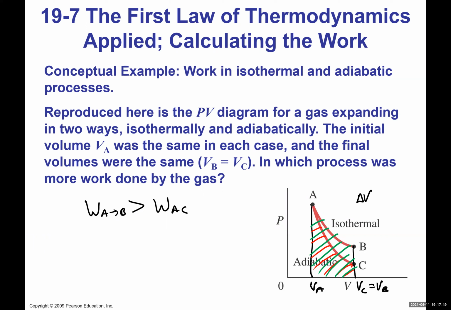A larger area means a larger amount of work done. So work done going from A to B will be more than the work done to go from A to C. It's a higher amount of area.